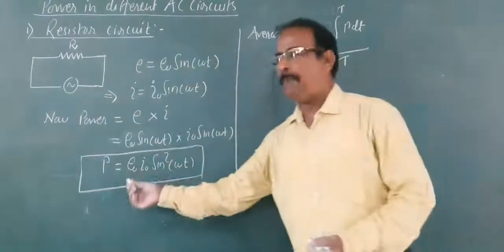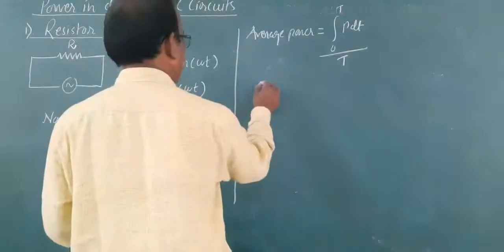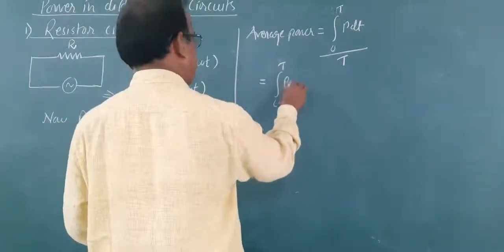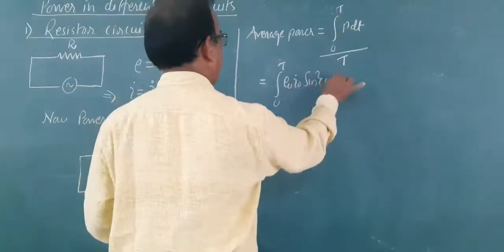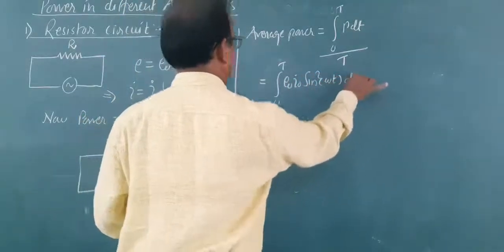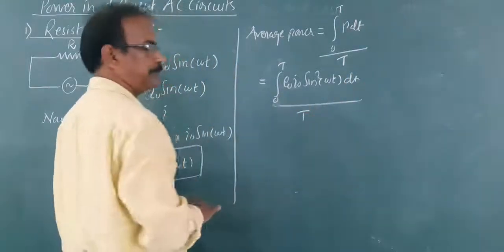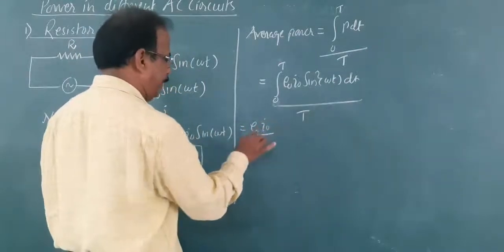Put this value of P here. You'll get integration 0 to T of E0 I0 sine square omega t dt upon T. You can take this E0 I0 out of integration.